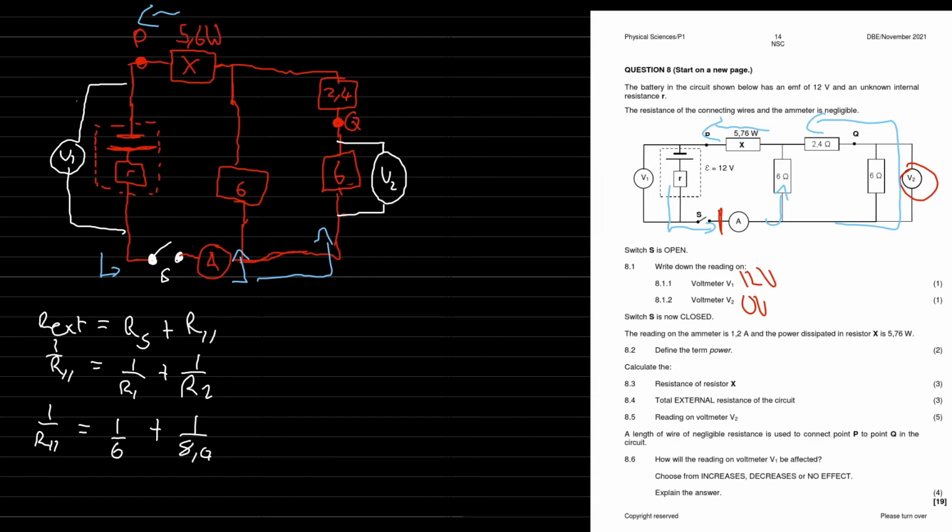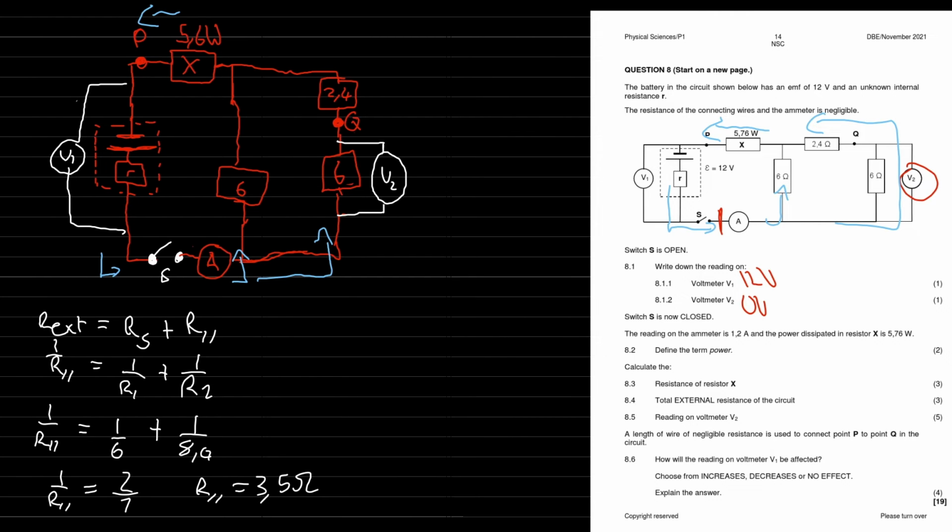That gives 1 over R parallel equals 1/6 plus 1/8.4, which is 2/7. If we now invert both sides, R parallel is 7 over 2, which is 3.5. So we have the parallel resistance.